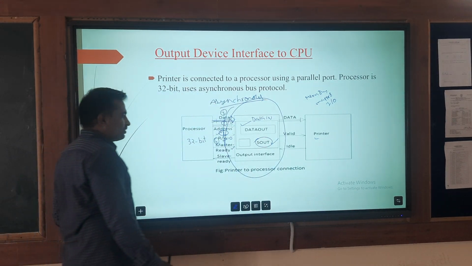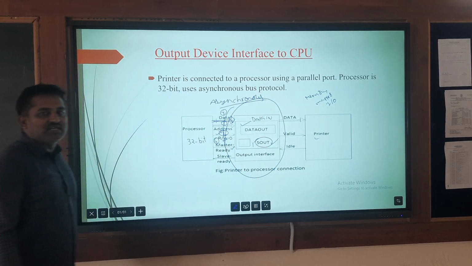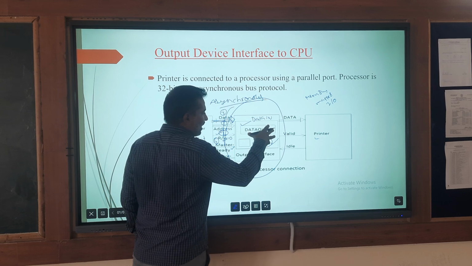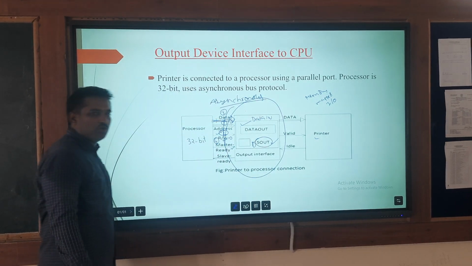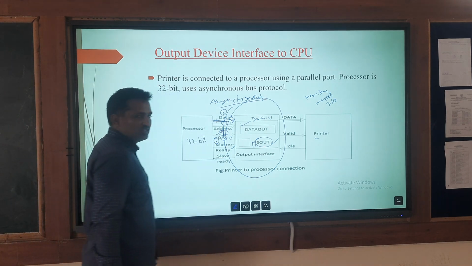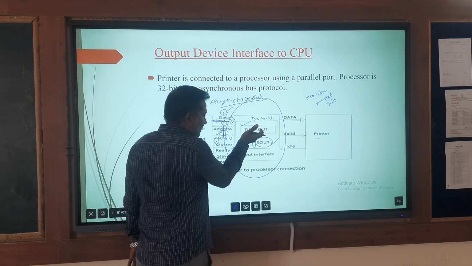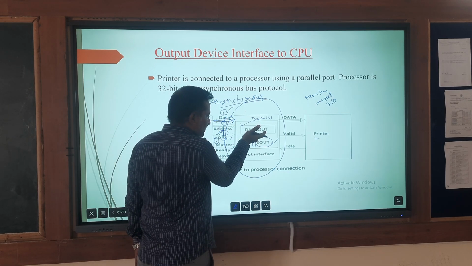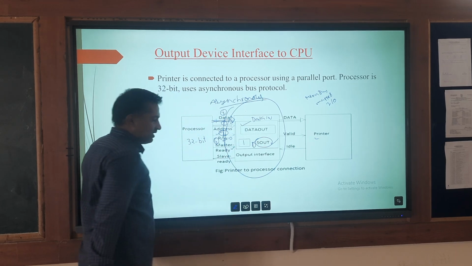Whenever S out is equal to 1, then there is data present in the data out register. Whenever the data is read by the printer, then S out will become 0. There is no data present in the data out register. Now the processor places the data in the data out register. Once the data is placed in the data out register, then S out will become 1.